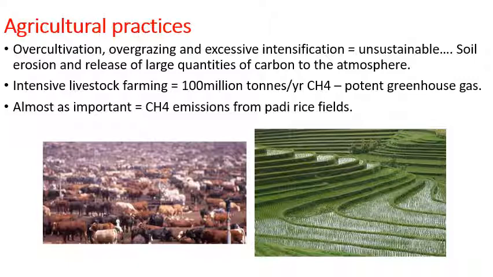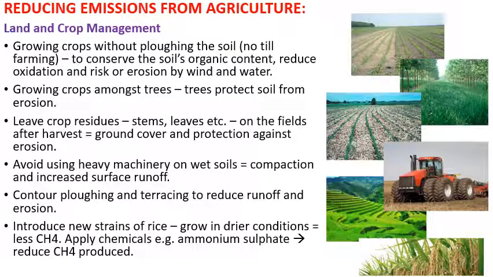We know we're recreating swampy conditions and we're growing organic material in that anaerobic situation without oxygen, and that is releasing huge quantities of methane. And we're increasing our growth of rice to meet the population growth of countries like China and India and those South Asian countries. So what ways can we reduce our emissions from agriculture?